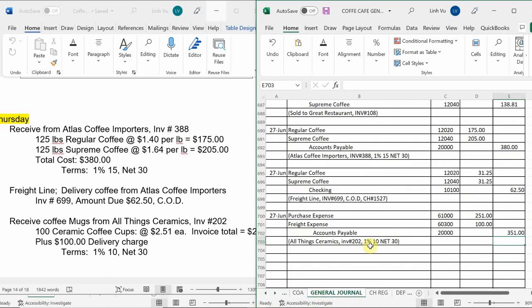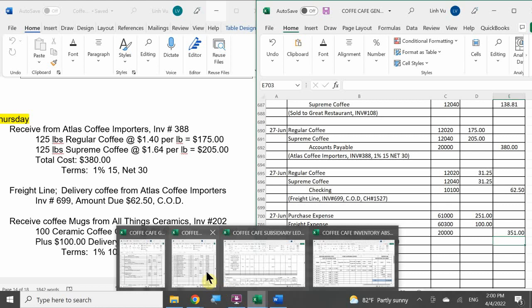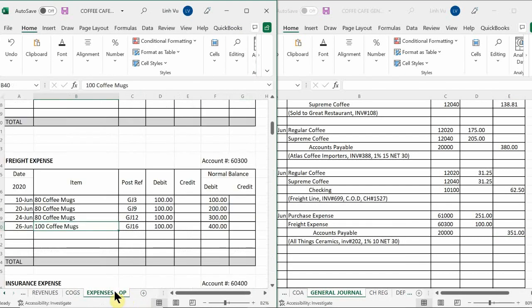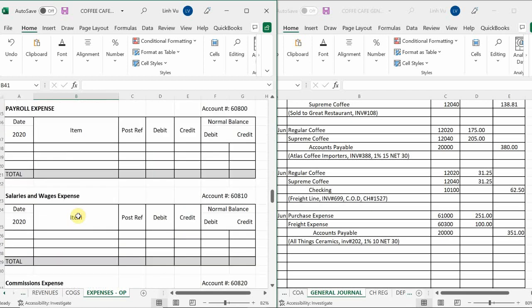All right, so what's next? General ledger, good. Okay. This time we have some expenses. Starting with purchase expense.